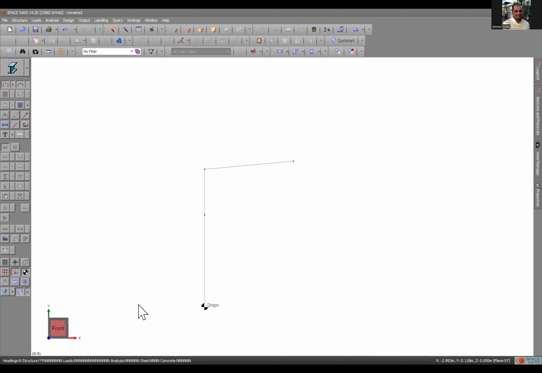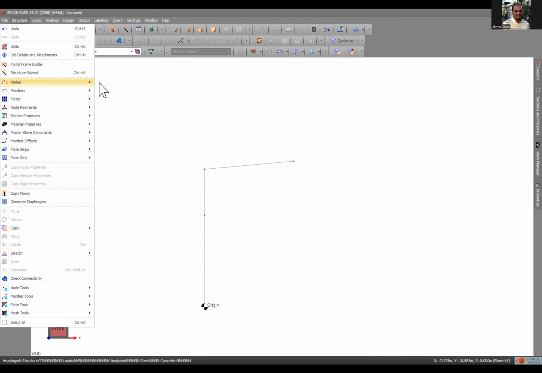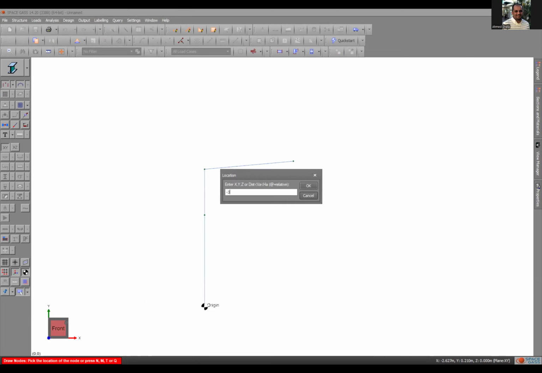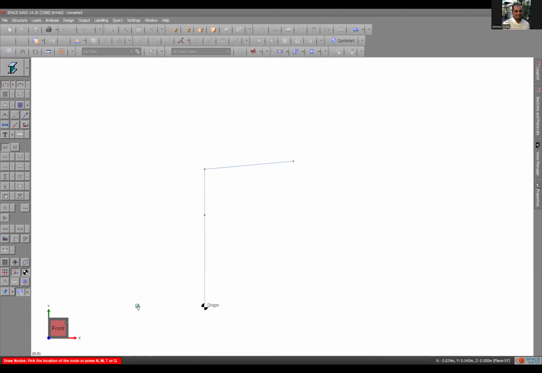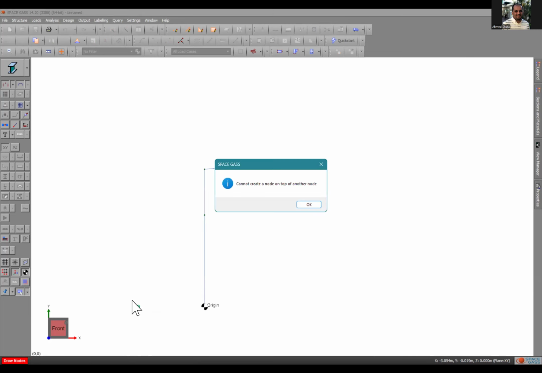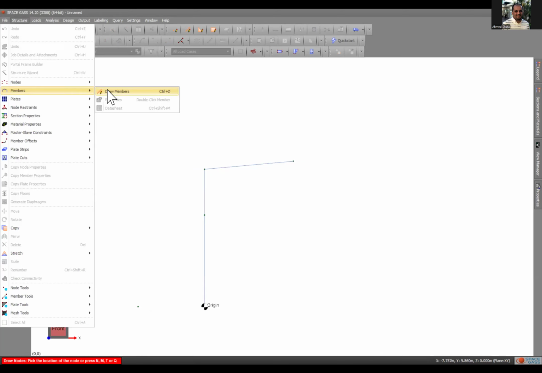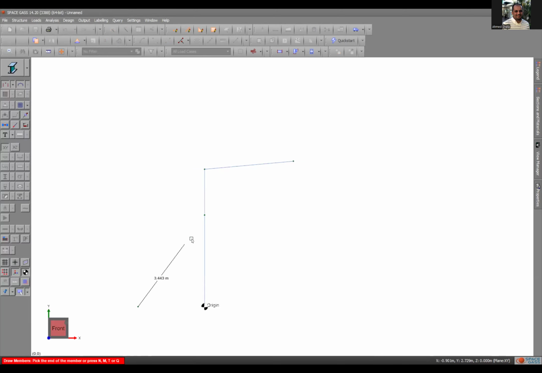Here we need a node to connect to the tie. So we have to draw a node. The node would be -3 and 0 y. So this is the node. We then need to draw a member between this one and this one to create the tie. So this is the frame.